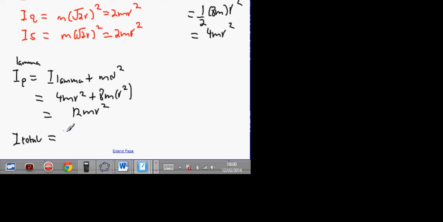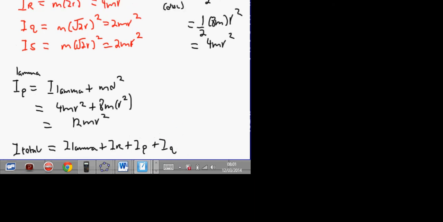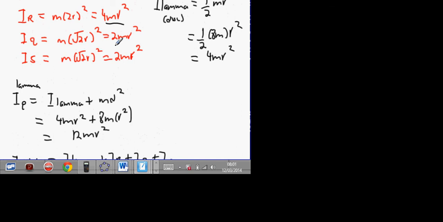Basically, I'm adding 4mr squared, 2mr squared, 2mr squared, and 12mr squared. When I add them all together, I'm going to get 20mr squared. So the total inertia around P is 20mr squared.